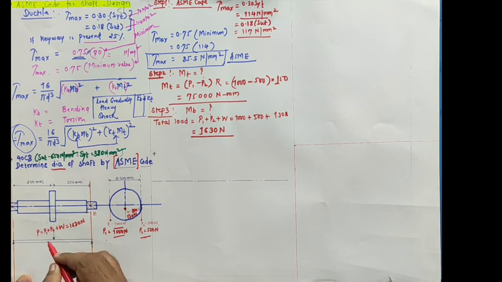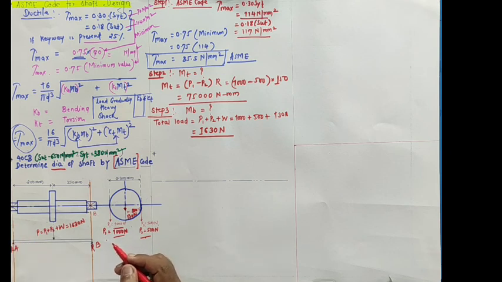As I told you, for calculating bending moment, here A, here B. So the reaction at A, the reaction at B. We need to consider bearing reactions because the load is acting in between the bearings. So I must calculate RA and RB.